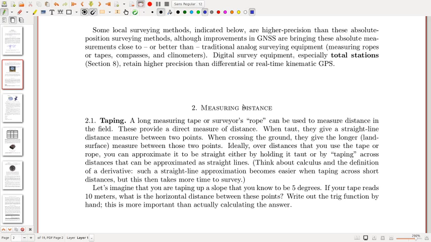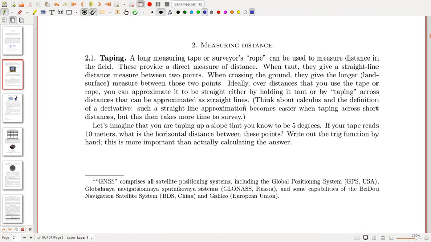One thing to note is that when crossing the ground, these systems will give the longer measure between 2 points because it might be going along the land surface.